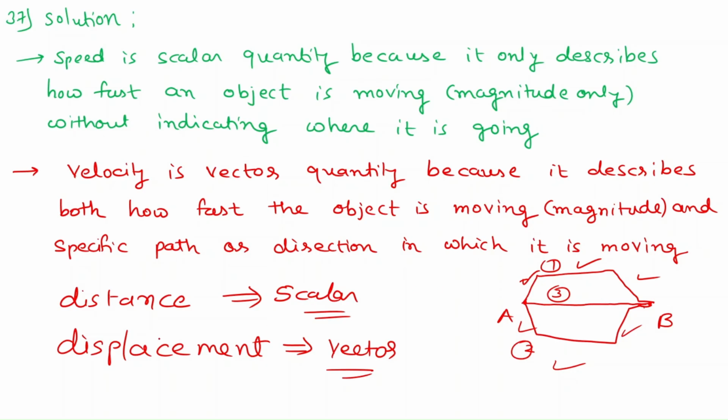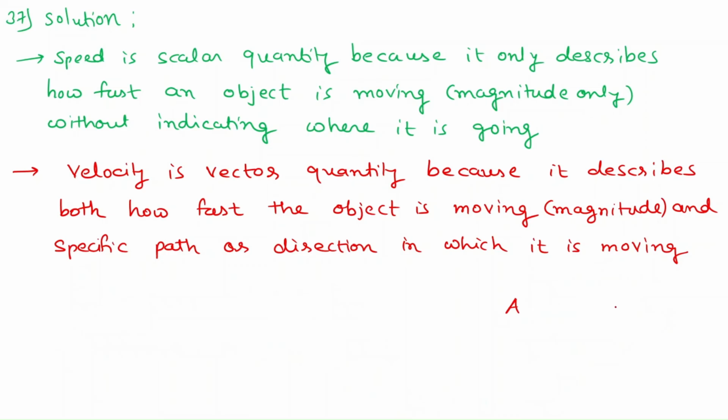But in the case of displacement, it only depends on the initial and final points, meaning displacement takes the straight path. So this is the point A and B. It is called distance as well as displacement.